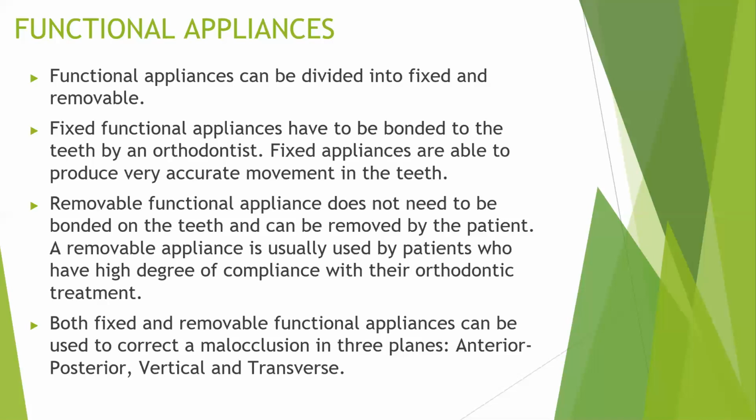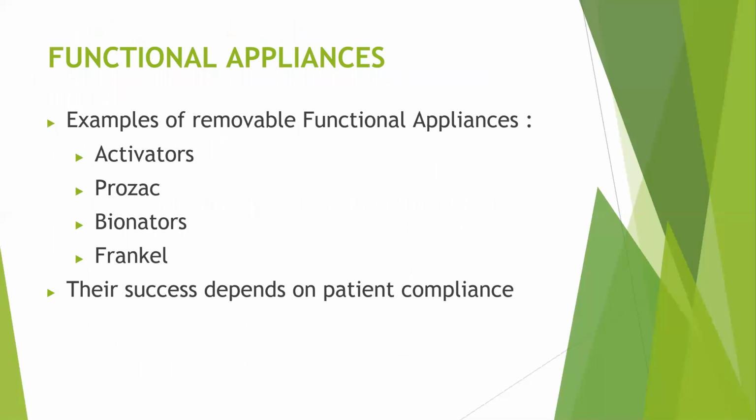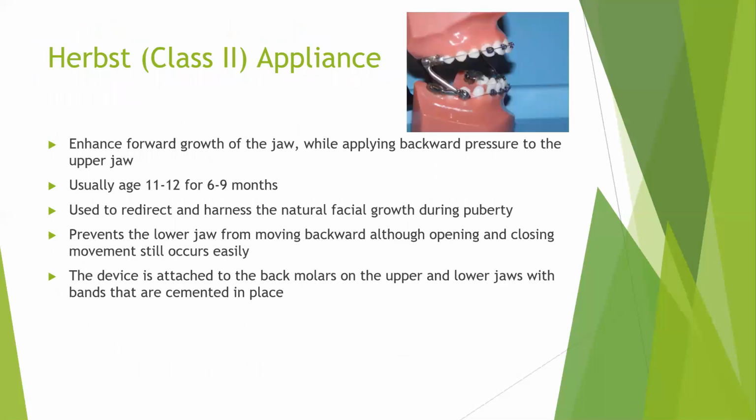Their teeth are maloccluded, where they may have protrusion or an underbite. So the orthodontist will give them a removable functional appliance that they can take in and out of the teeth when they're not on screen. Functional appliances include activators, Frankels, Bionators, and François. Their use and success depends on patient compliance.